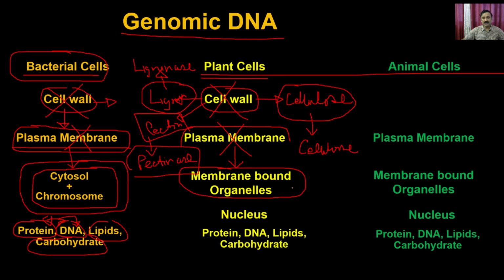So from these membrane bound organelles, you can isolate the nucleus, and the nucleus also has membrane bound structures. So you are going to degrade those membranes, and then the nucleus is going to release its contents. The released content is going to be the protein, the DNA, the lipids, as well as the carbohydrate.